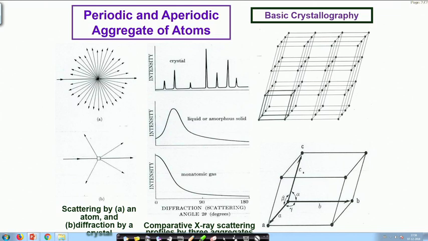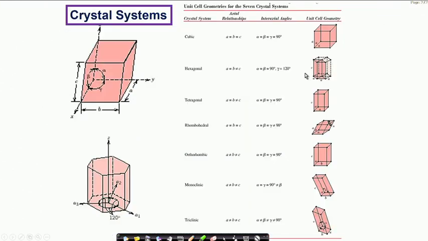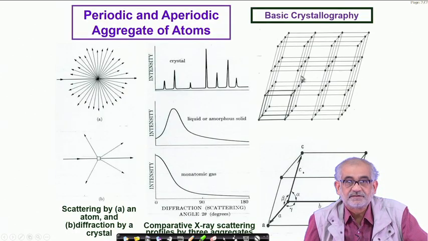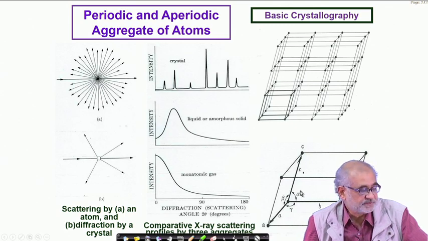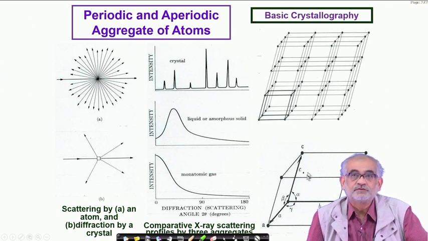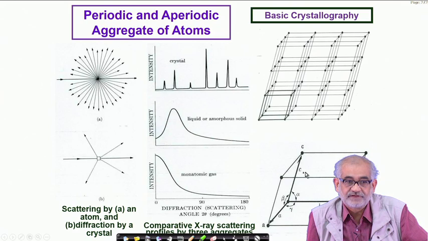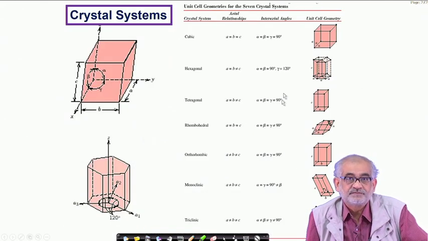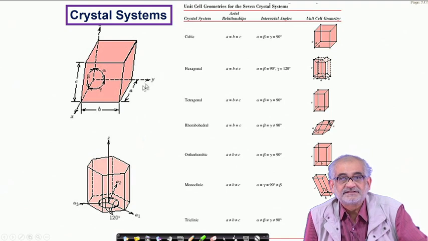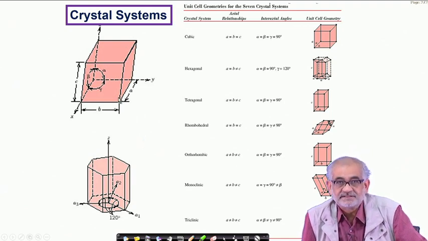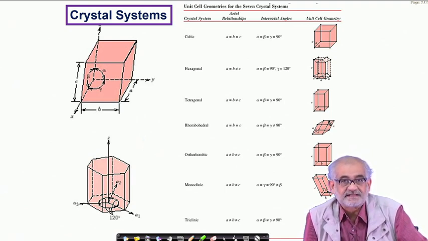Now, as I was talking about these unit cells, and I mentioned 6 possible parameters. If you wish to vary them in all possible ways, you will realize that there are only 7 ways in which you can vary them. The 6 parameters I should have mentioned actually are the 3 axial lengths and the 3 axial angles.